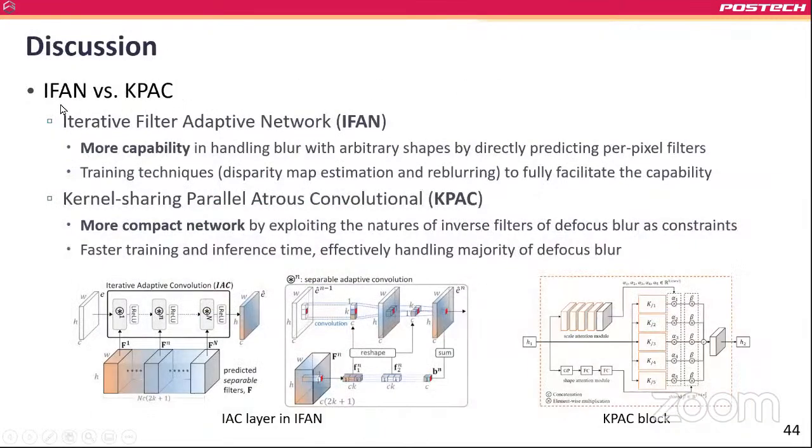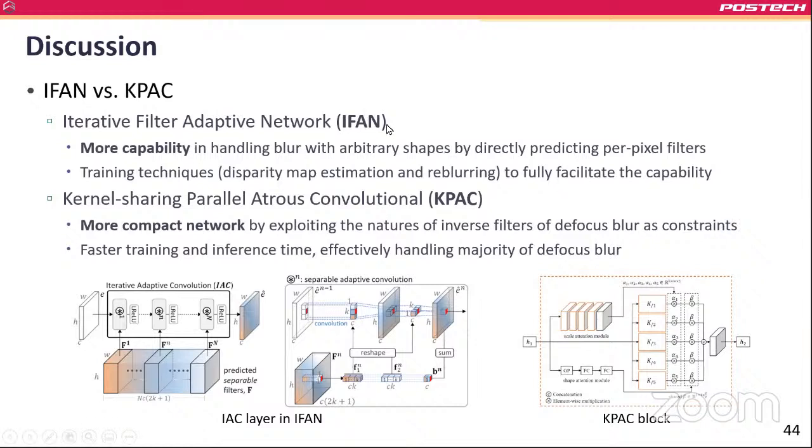When we compare these two techniques, the first one has more capability. The network structure is more complicated than the second one. We also introduced training strategies, such as a defocus map estimation and deblurring module, and it works well. It's powerful.